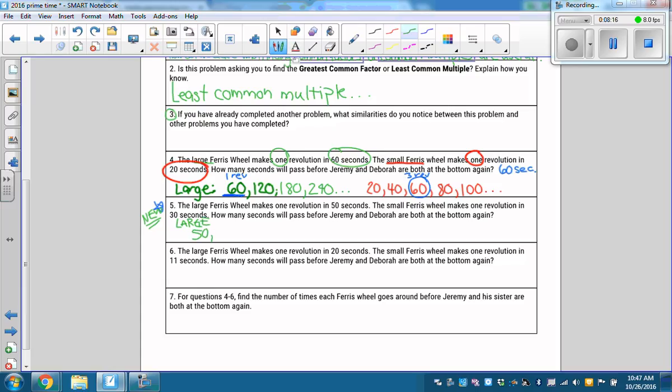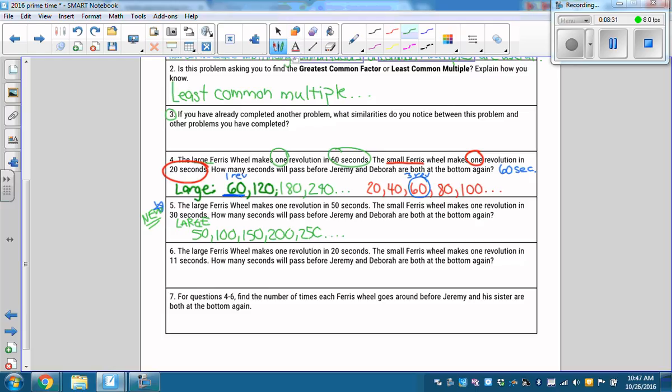So 50 seconds, 100 seconds, 150 seconds, 200 seconds, 250 seconds, and the list will go on until the Ferris wheel stops.